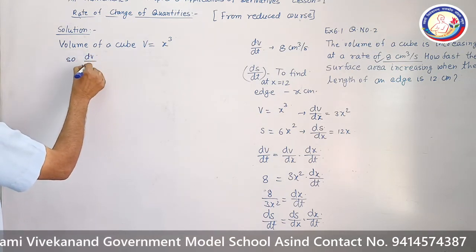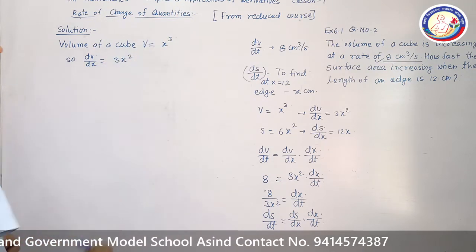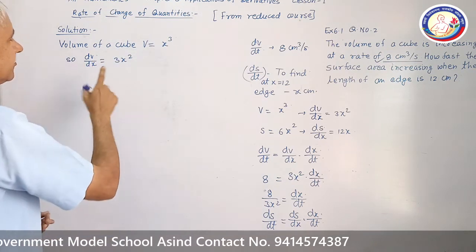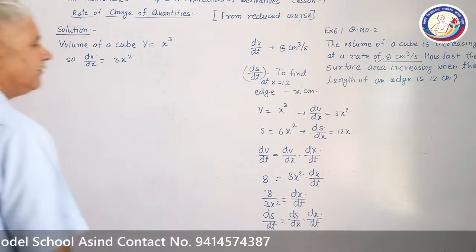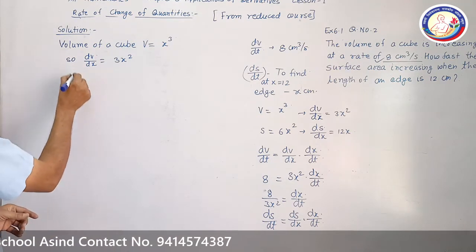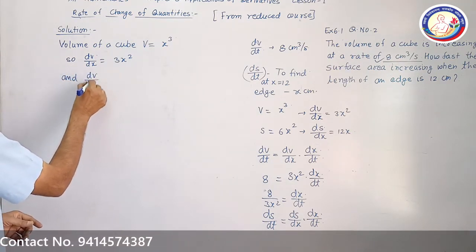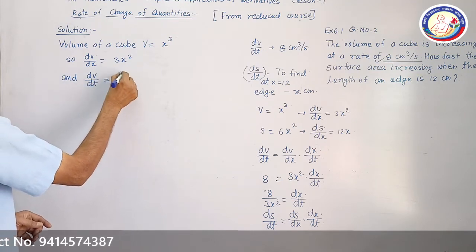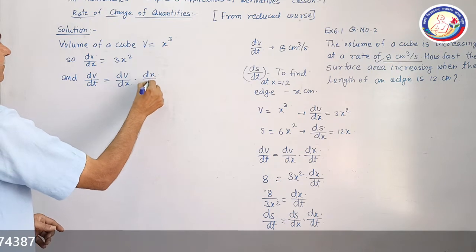So dV by dx is the derivative of this, which is 3x square by formula. What is dV by dt? It is dV by dx into dx by dt.